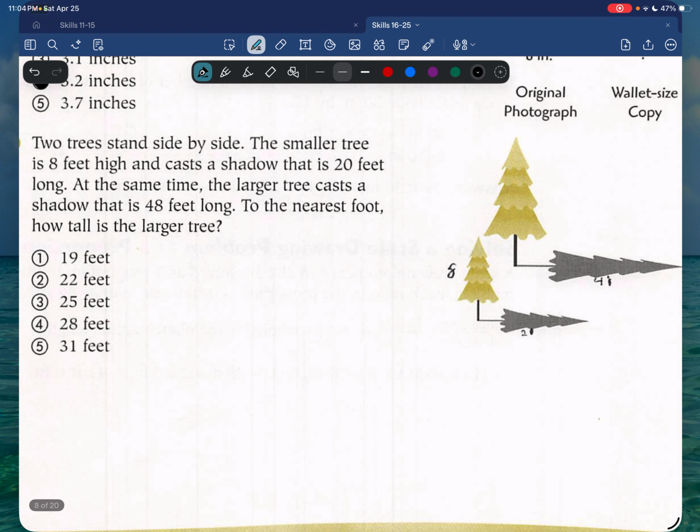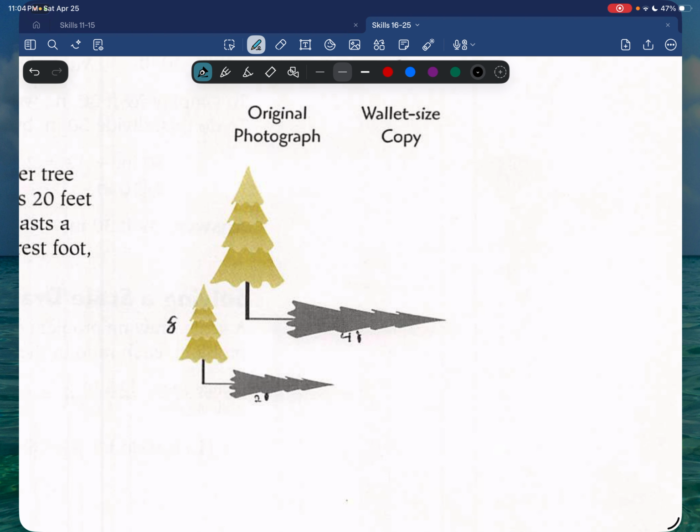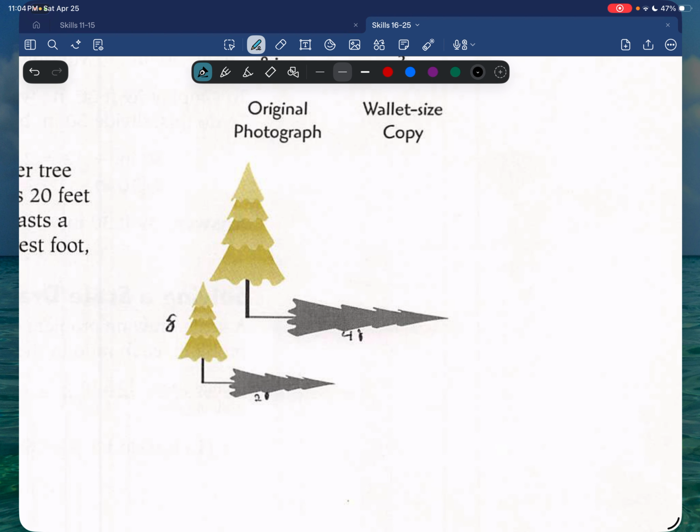All right, 2 trees stand side by side. The smaller tree is 8 feet high and casts a shadow that is 20 feet. At the same time, the larger tree casts a shadow that is 48 feet long. To the nearest foot, how tall is the larger tree? Well, I really want you to see the shapes that are involved here. So I'm going to draw them in.